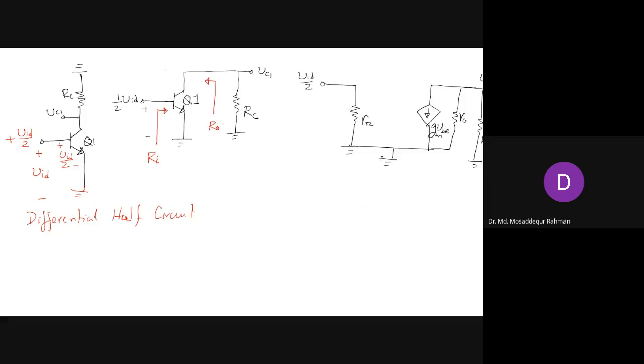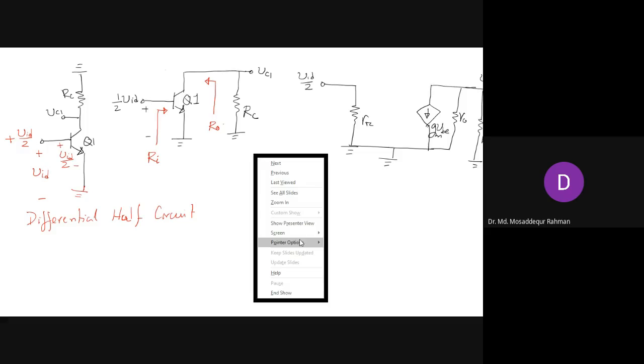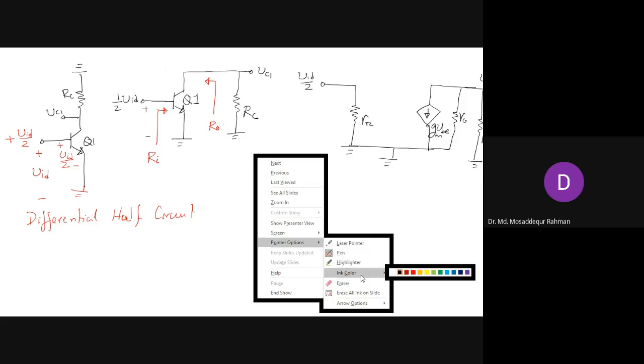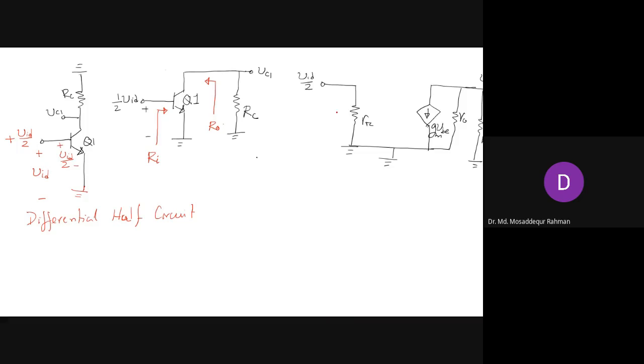The emitter is connected to ground. So R pi, the voltage here is VBE, and basically here VB is the same as VID by 2. And okay, so the resistance that we see from here is our input resistance, and the resistance that we see from here is our output resistance.